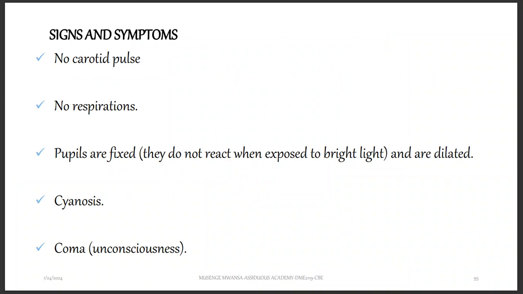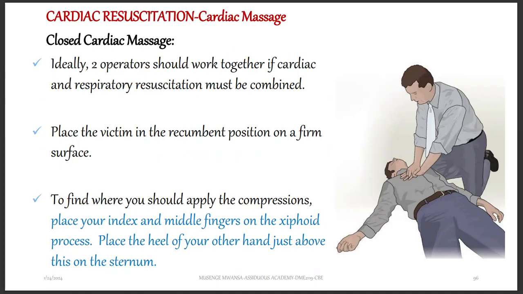That is why you see medical personnel with those small torches, which they point in the eye. The pupil is also going to be very much dilated. There's also going to be cyanosis, which is the skin becoming bluish. A person can also be in a coma or unconscious.